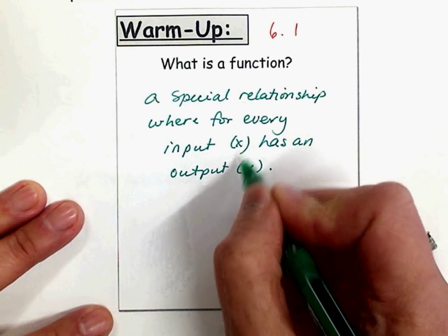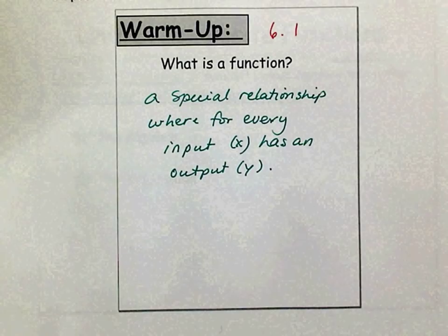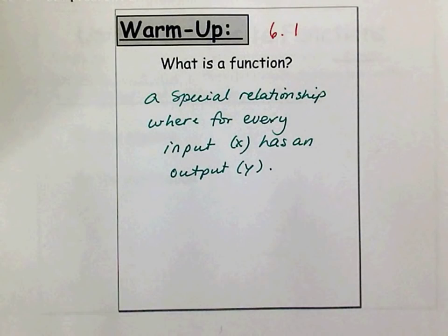So for every x, you have a y. So a special relationship where for every input x has an output y. And that's your 6.1 warm-up for the day.